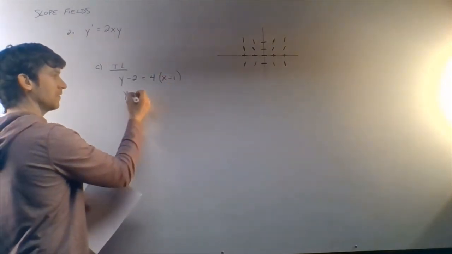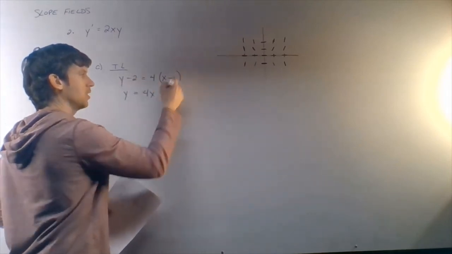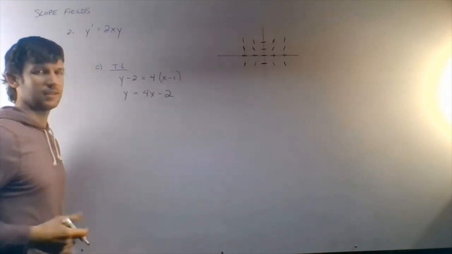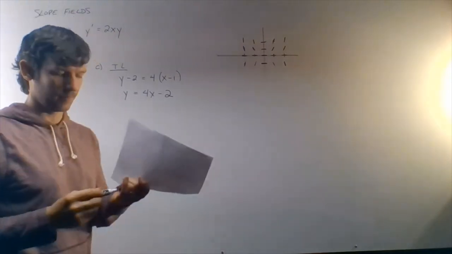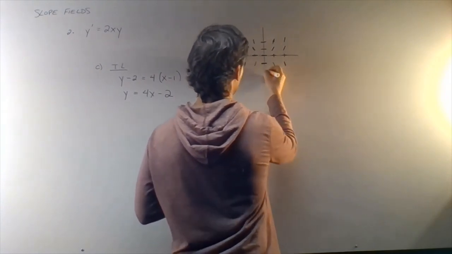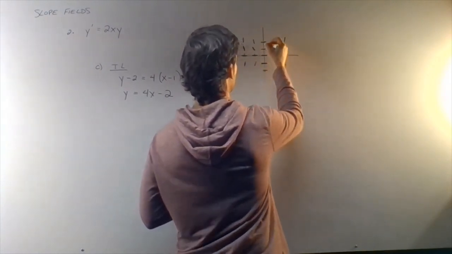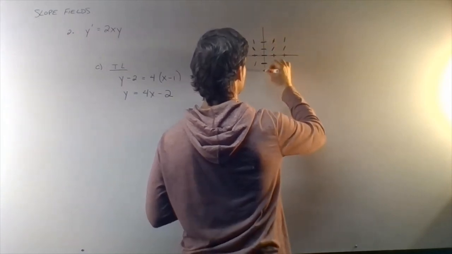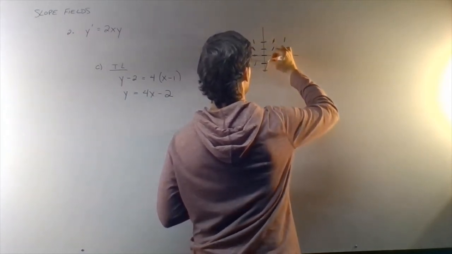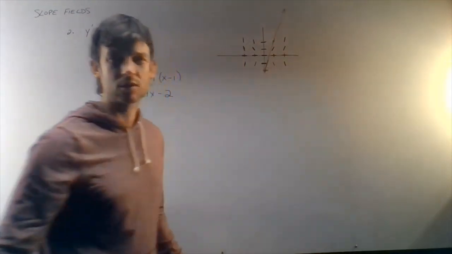If you want to simplify that a little bit, that's 4x minus 4 plus 2, which is 4x minus 2. That's the equation in slope-intercept form. So if I drew that, it starts at -2, it goes up 1, 2, 3, 4 over 1. That makes sense. There's my slope of 4. Okay, so that's my tangent line. Just pretend that was straight.